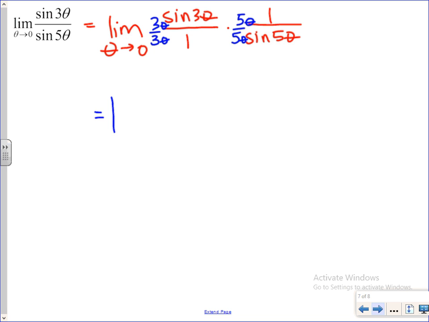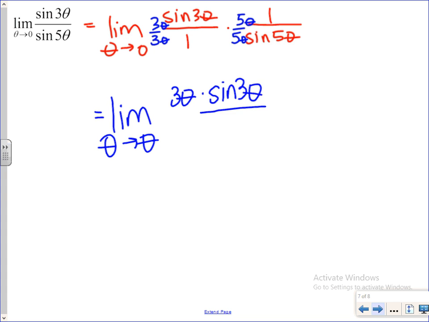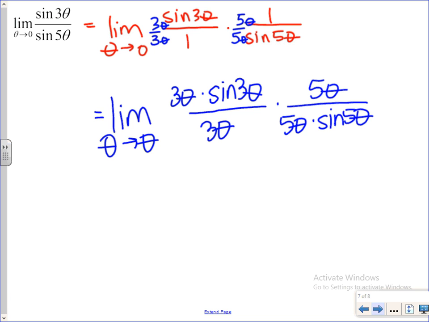Let's talk about why we suggested that. If we have 3 theta times sine of 3 theta over 3 theta, we can apply our special rule there. Same thing here, 5 theta over 5 theta times sine of 5 theta. We can apply our special rule here.